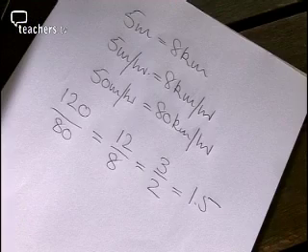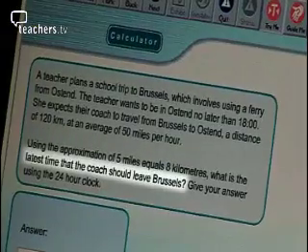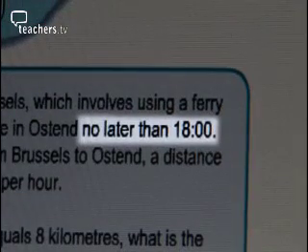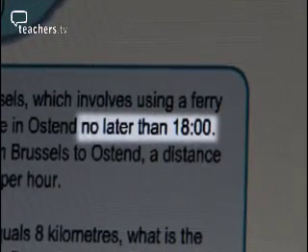So that's the time. But what is the question asking? The question asks, what is the latest time we can leave Brussels? So we need an hour and a half to get from Brussels to Ostend, and we need to be in Ostend by 1800 hours. So we need to go back from 1800 hours by an hour and a half to work out the latest time we need to leave Brussels.